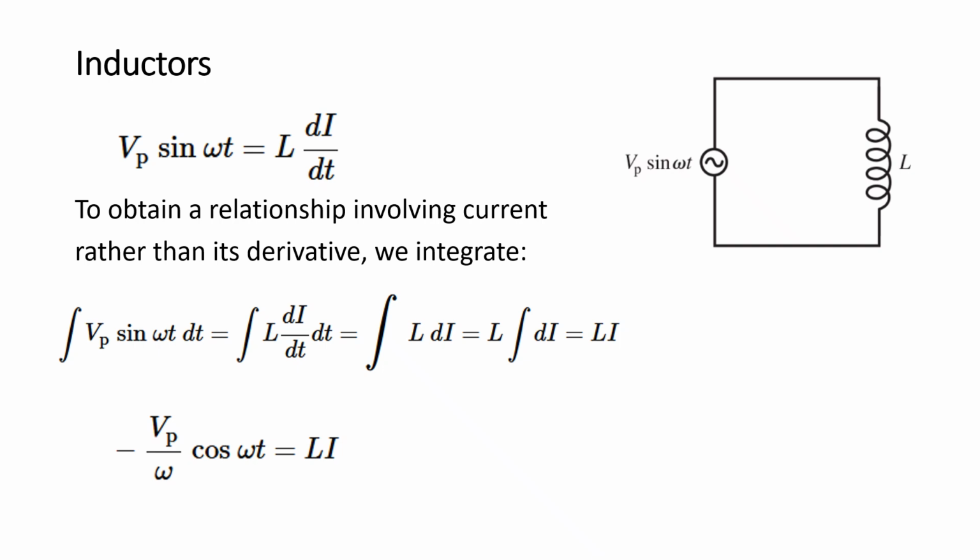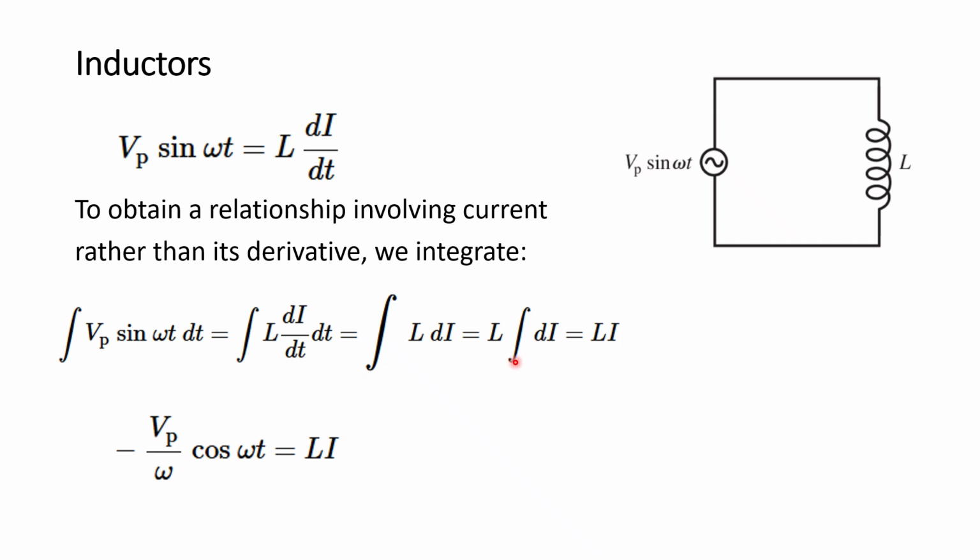Now, I want a relationship that involves current, not the derivative of current. So we're going to integrate both sides of this equation. I've put the integral signs on both sides, and if you follow along, I'm just doing the right-hand side first. The integral of L di/dt with respect to time becomes the integral of L di.